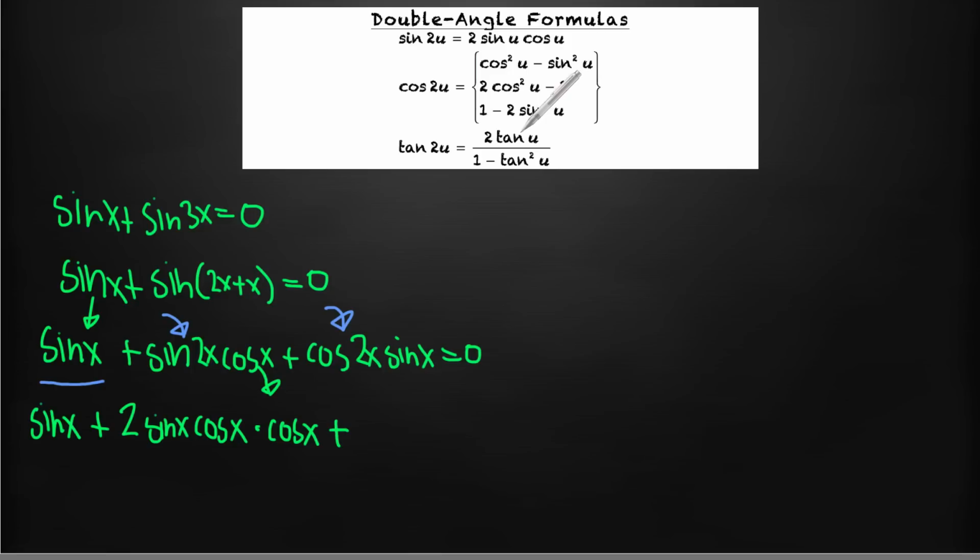Well, we are going to use this particular one of the three because once again, we want to get everything in terms of the sine function. So cosine of 2x is going to be 1 minus 2 sine squared of x times this sine of x.